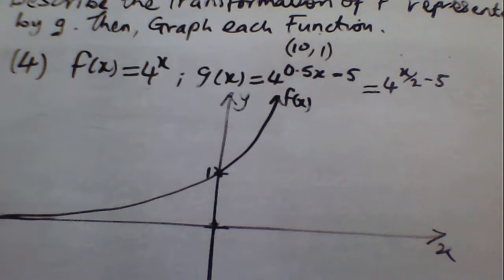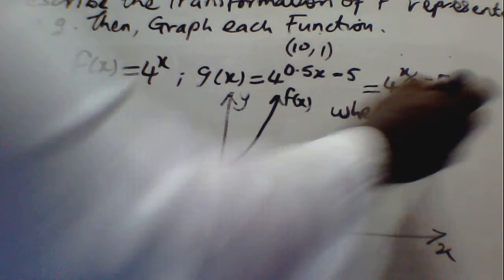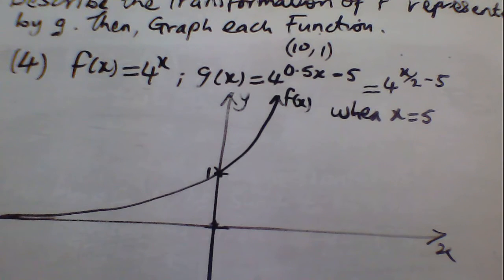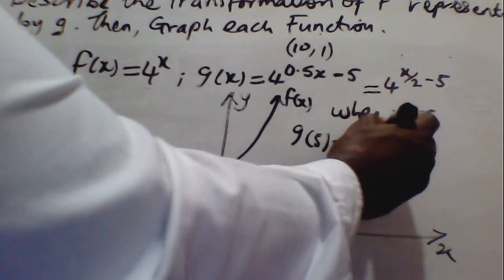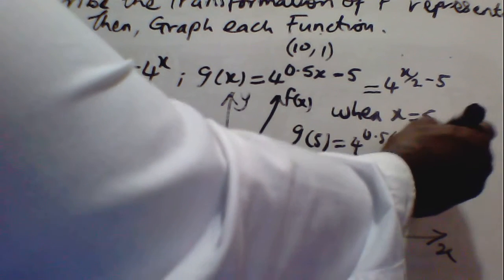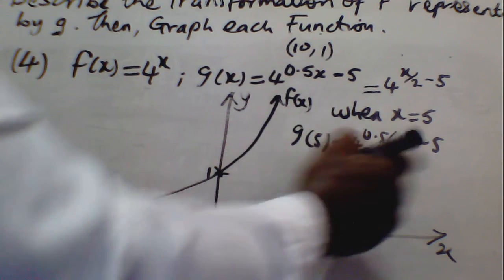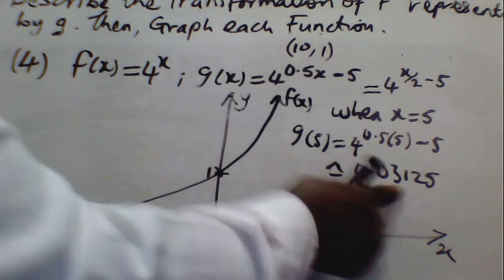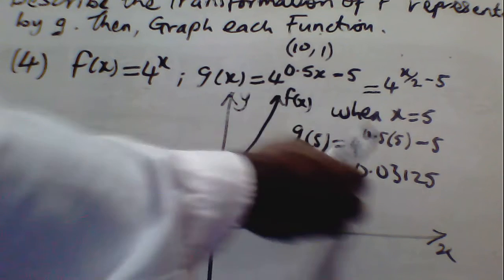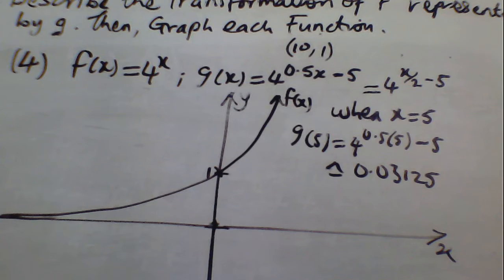So we have gotten 1 point, 10 and 1. You notice that when x is equal to 5, we have g of 5 equals 4 raised to power 0.5 times 5 minus 5. If you do the calculation, you have 0.03125, this is an approximation, which is telling you that any number less than 10 for x will always give you a very fractional value of g.